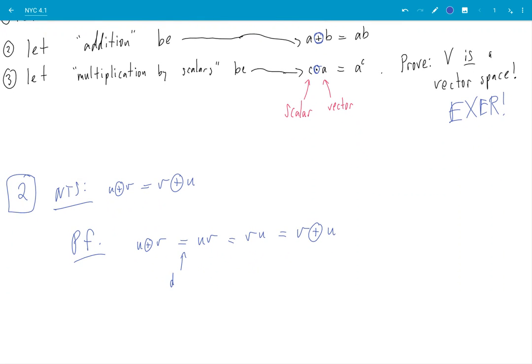This equal sign is by definition of our addition, and likewise this one is by definition of our addition, and right here is just a property of multiplication of real numbers. So that is all we need to show.